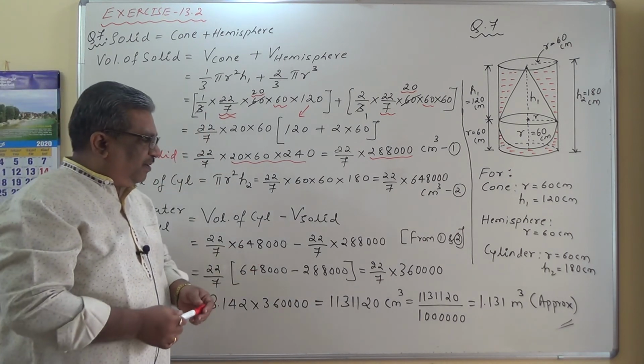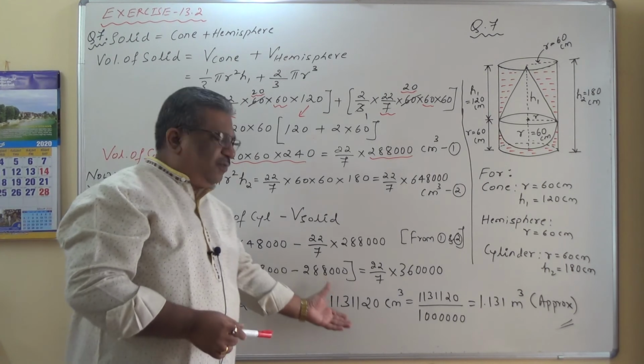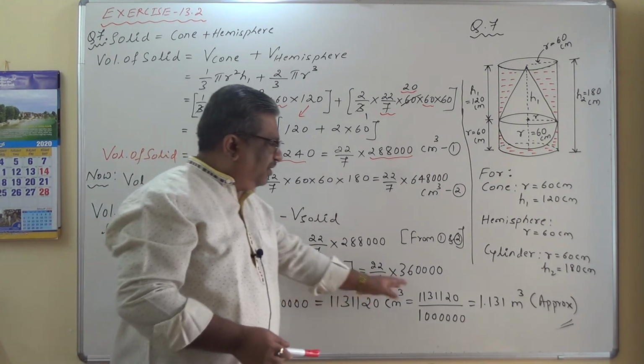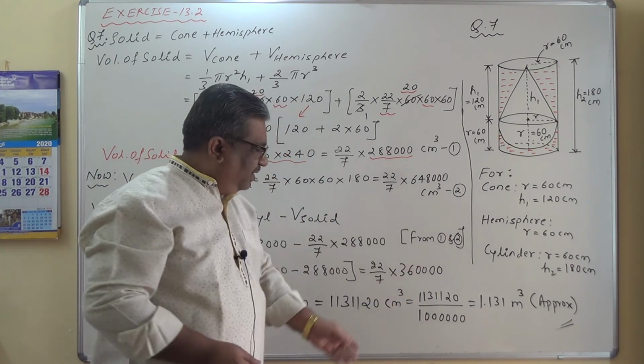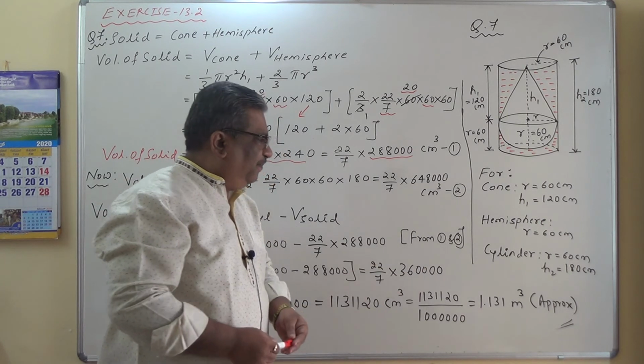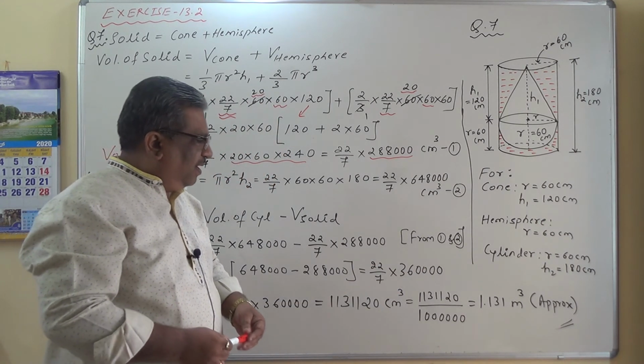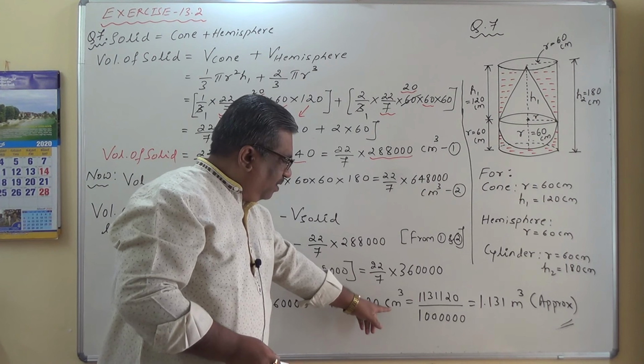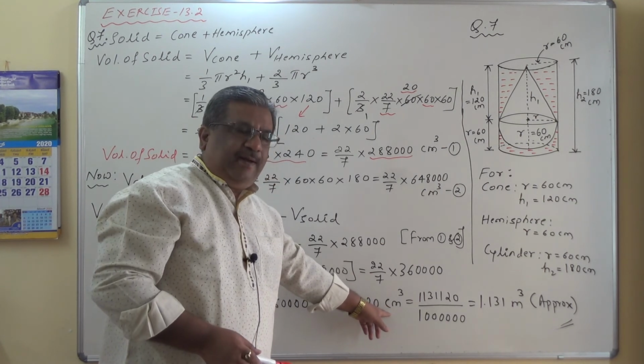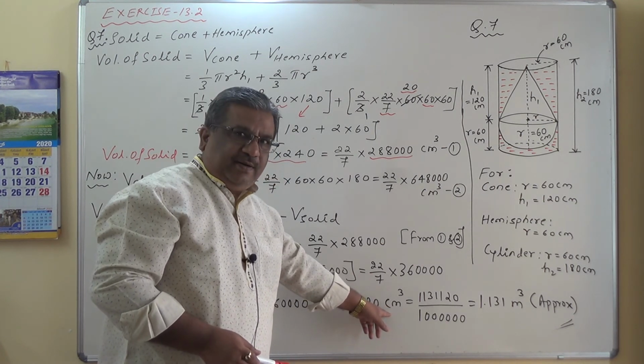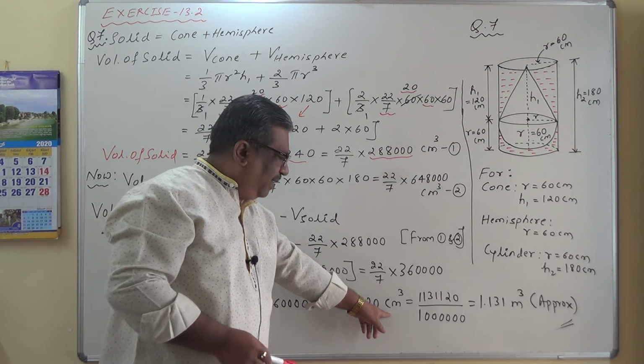11,31,120 cubic centimeter. It's quite a large number, but it needs to be converted into cubic meter. It is cubic centimeter and cubic meter. How do you convert for that one? Divide it by, see, 1 centimeter is 1 by 100 meter.